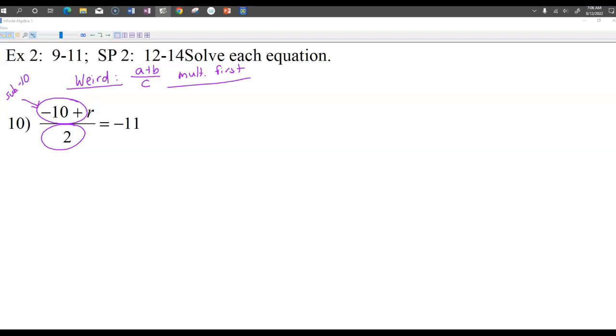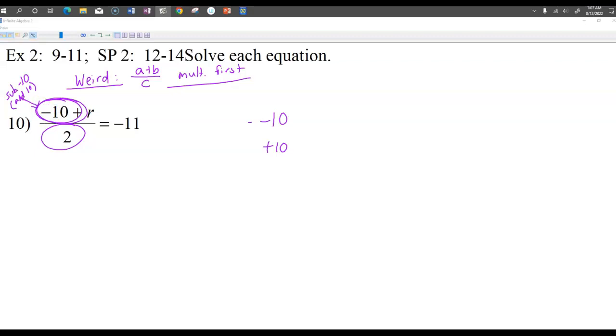Now, just so you guys know, when you're subtracting a negative, that's really the same thing as adding 10. Okay? If you ever have a negative number and you subtract it, double negatives make a positive. So we want to subtract a negative 10, but it's basically adding. So an easier way to think about it is, since this is a negative, just do a plus.